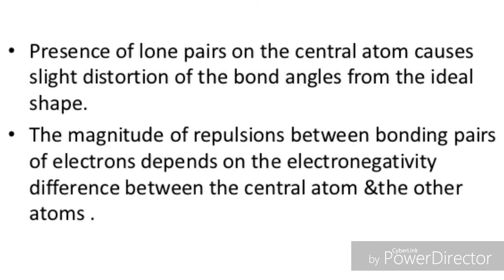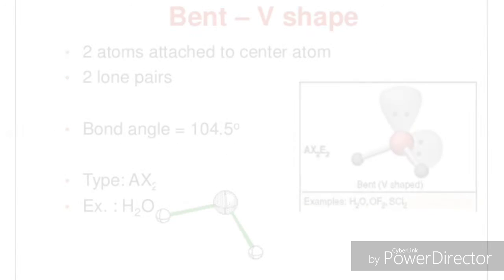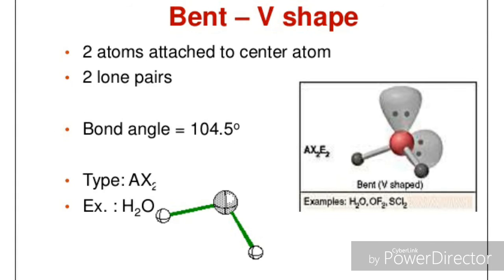Students, these are the salient features of VSEPR theory, and we will practically see bond angles and shapes of some molecules. Students, the shape of the water molecule is bent shape or V shape. The bond angle is 104 degrees 31 minutes.